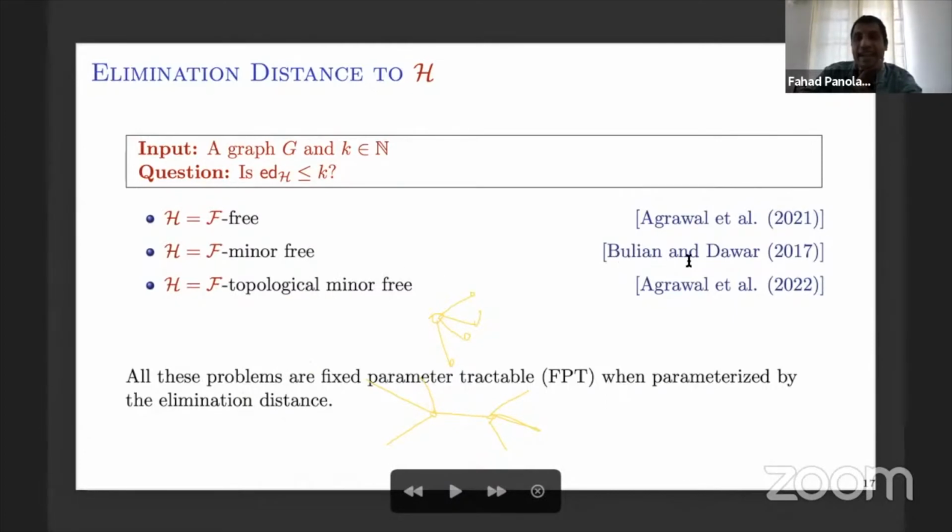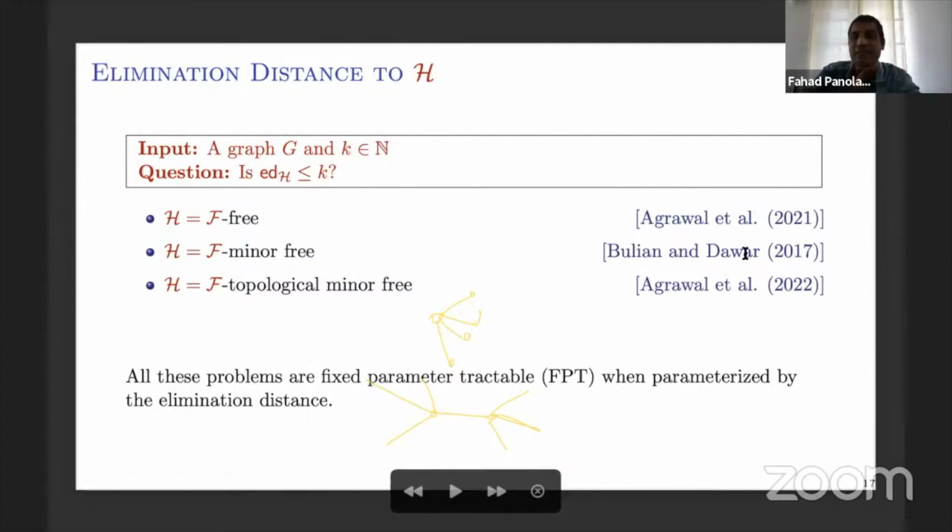And here they asked the following question: if H is the set of graphs whose max degree is at most D, then is the problem FPT? That is a special case when H is equal to F-free, and that is also a special case when H is F-topological-minor-free for K_{1,D+1}.